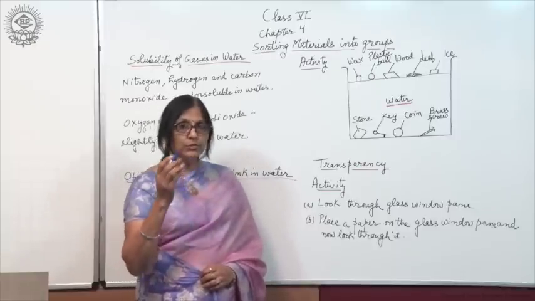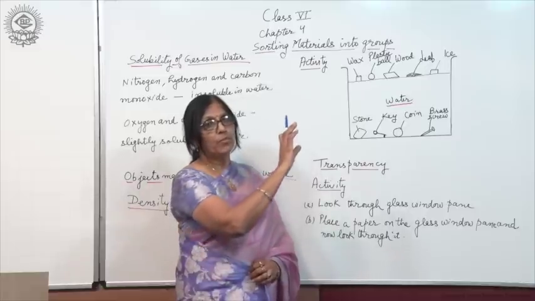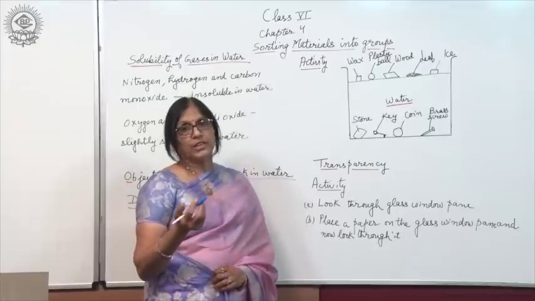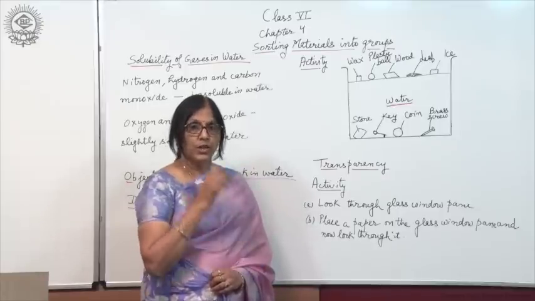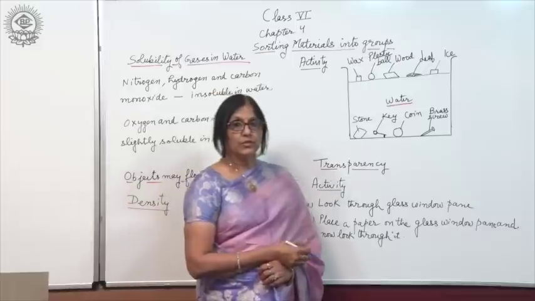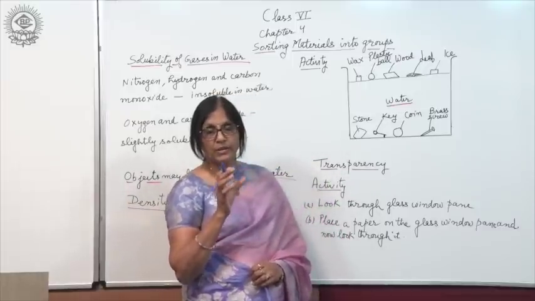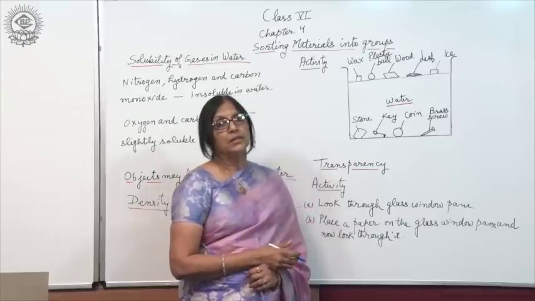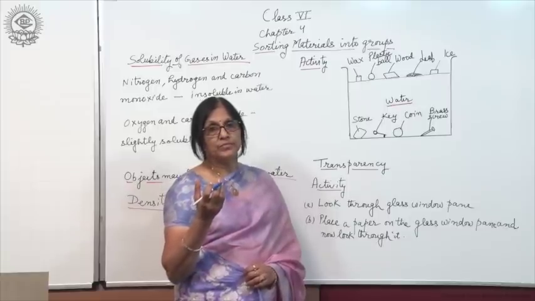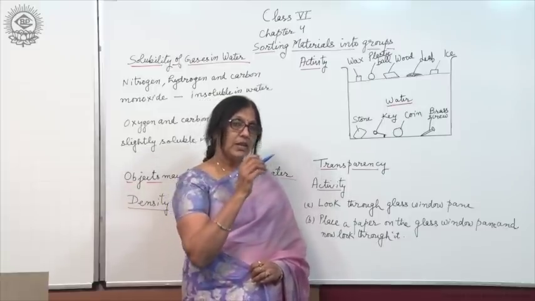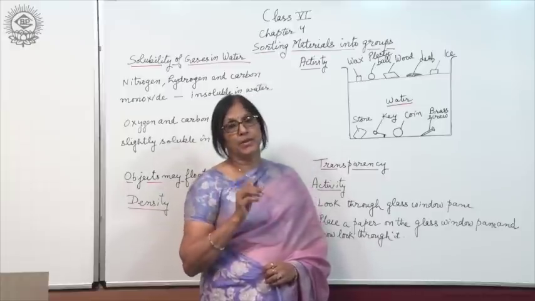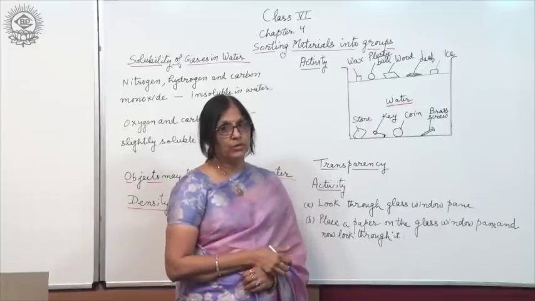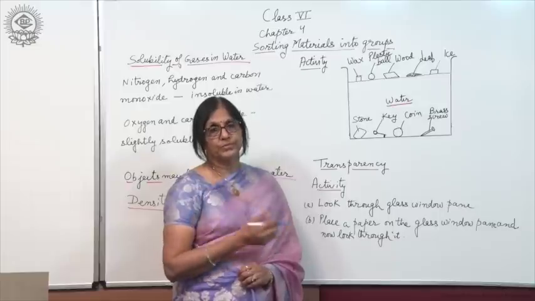Now, what you do? Take a paper and place it on the glass window pane and look through it. You cannot see anything outside the drawing room through the glass window pane. So, the paper has made the glass window pane opaque, because you cannot see anything through it. It means it is opaque. And now pour a drop of oil on the paper and spread it properly, and now place this oiled paper on the glass window pane and look through it.